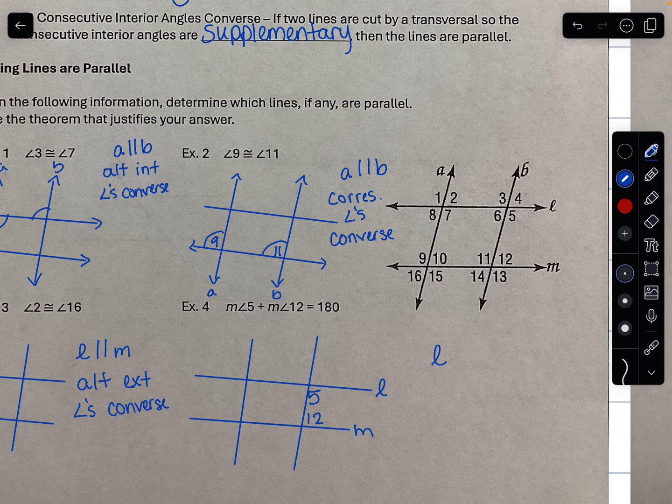So we can say L is parallel to M by consecutive interior. Okay. Not too bad. Questions on that part?